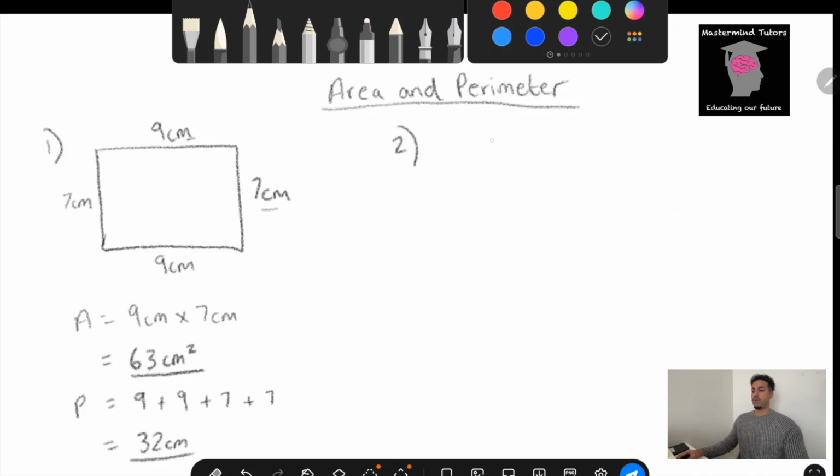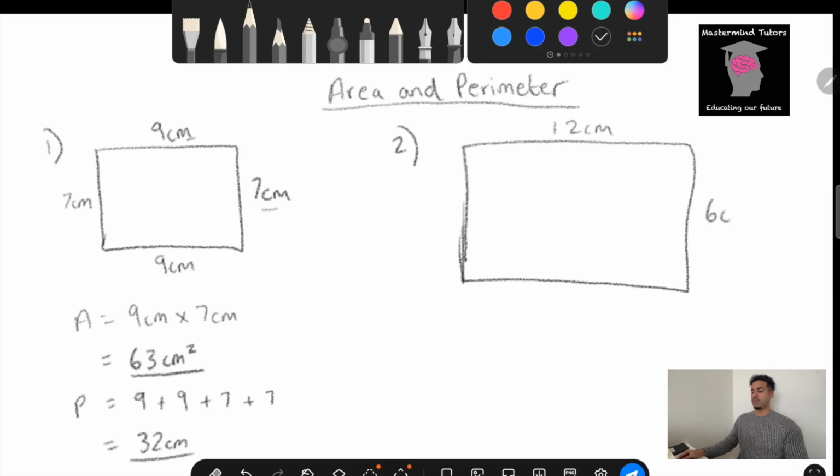Right, let's do another question. Again, we have another rectangle. The height is 6 centimeters and the width is 12 centimeters. So to work out the area, we will multiply them. 12 times 6, which will then give us the area of 72 centimeters squared.